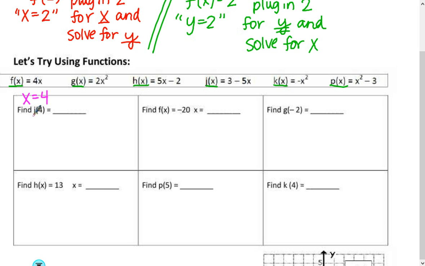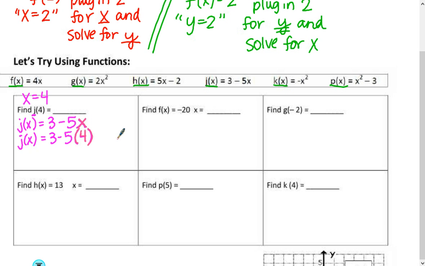The second thing I would write is I would pay attention to the function they're giving me. They are talking about the j function. So I'm going to write that one down. J of x equals 3 minus 5x. Now I know what value I was given and I know what function I'm working with. After that, we plug in. Remember that they gave me x equals 4, so I'm going to replace my x using parentheses. It's really important here, guys, that you are using those parentheses.